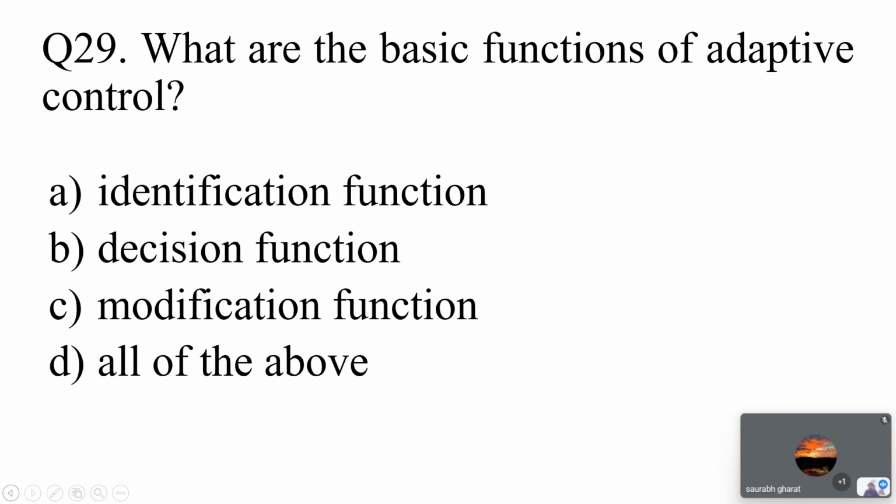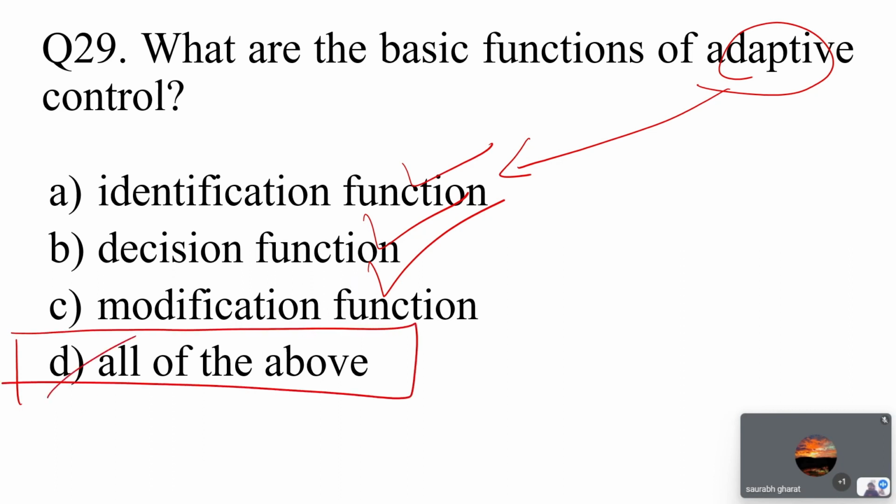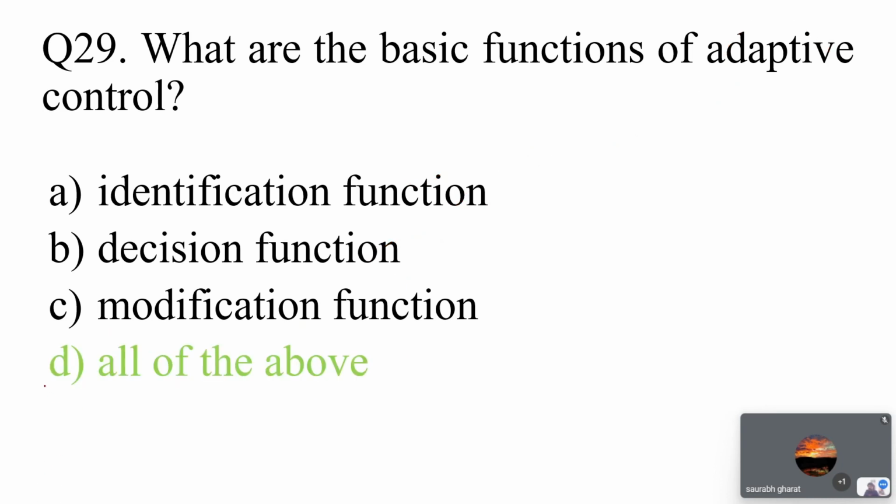So the identification function is there in adaptive control. The decision function is there, and the modification function is there. So all of the above will be the correct answer because all of them are present in adaptive control. So this option B is your correct answer.